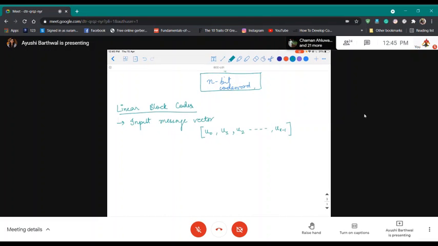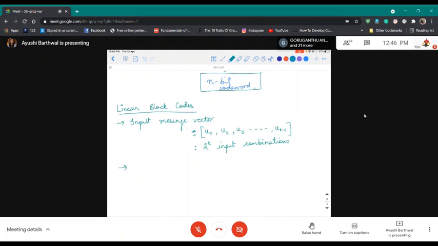And since this is k-bit data, it will have 2 raised to the power k input combinations.